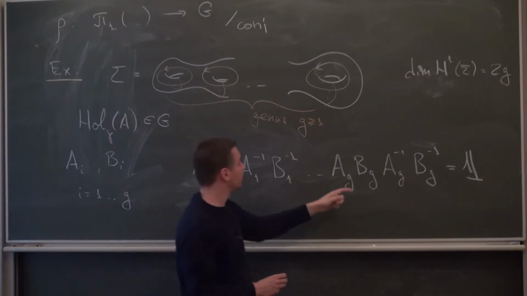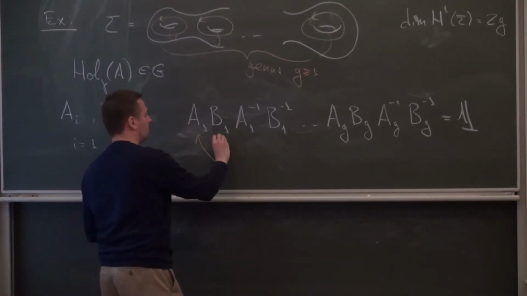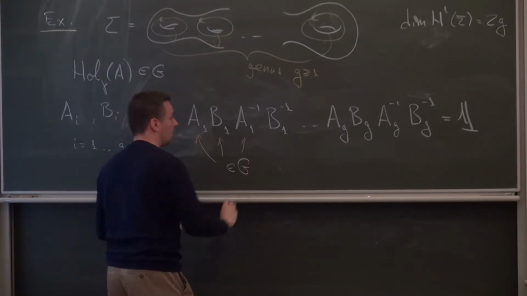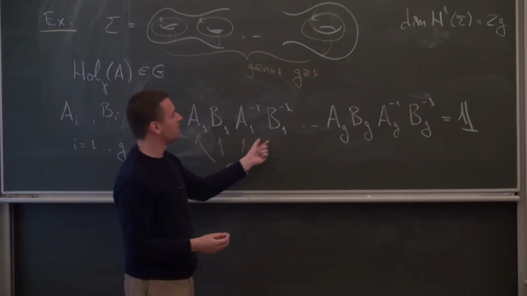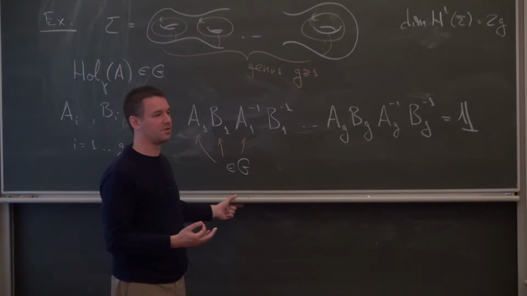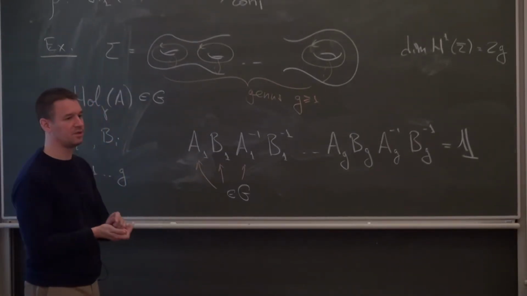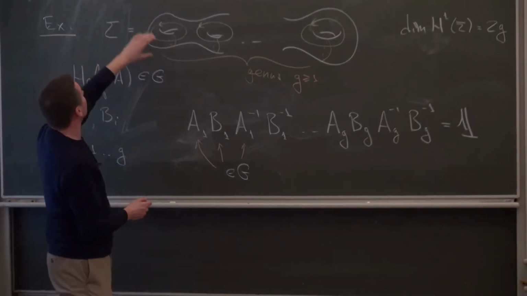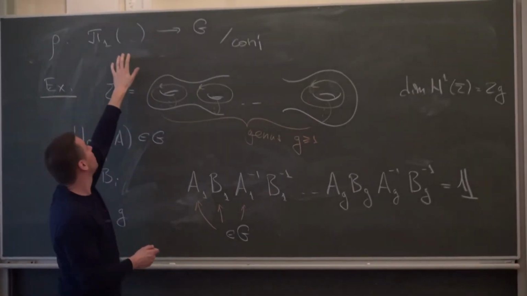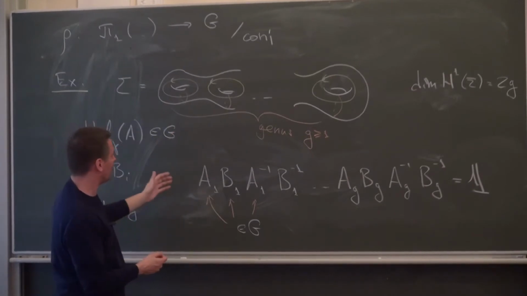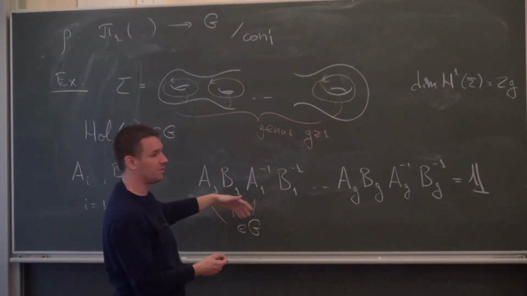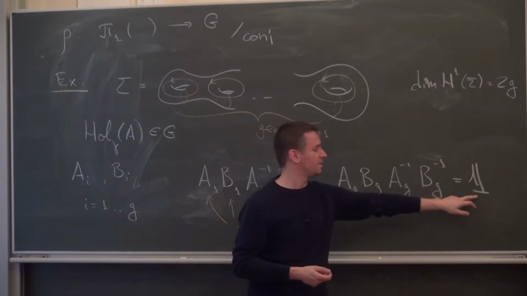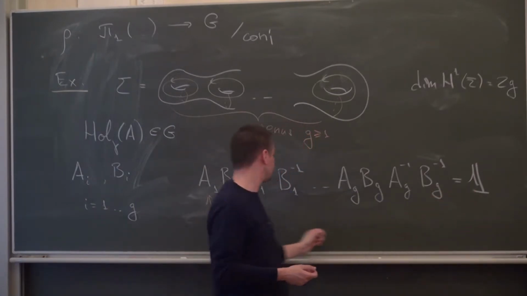So each of these takes values in G. And in a way it gives a parametrization or characterization of the moduli space of solutions, because there are various details which are interesting and depend on what you want to study, stability conditions and so on. This is essentially a characterization of this homomorphism from the fundamental group into G. It's given by G-valued variables with a G-valued relation imposed on them, because this now is a relation in a group. I mean, this identity, for example, is meant to be understood as an identity in G.